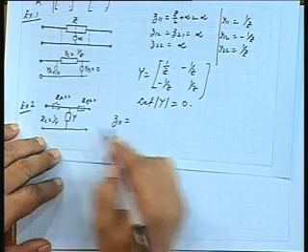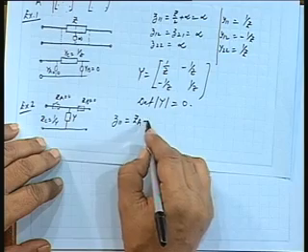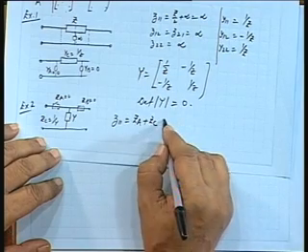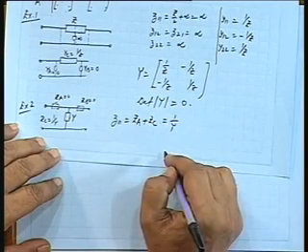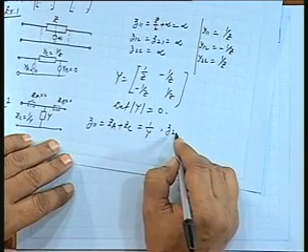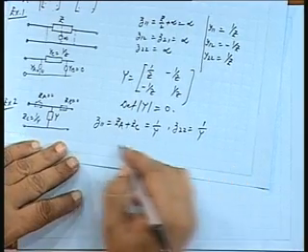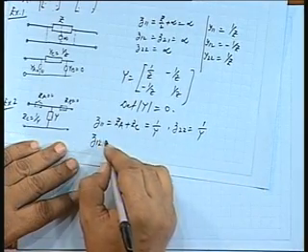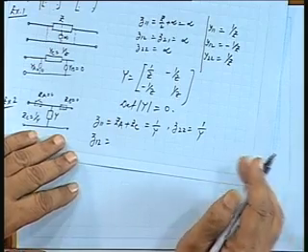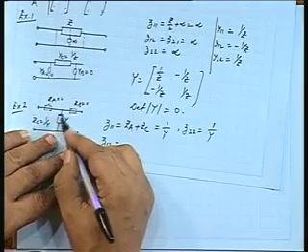ZA plus ZC, is it not? That is equal to 1 by Y. What about Z22? Similarly 1 by Y, and Z12. Again, Z12 does not have a negative sign, it is Y12 that does. In the short circuit case only you get a negative sign, in the impedance terms you do not get any negative sign. So Z12 is just this impedance which is 1 by Y.